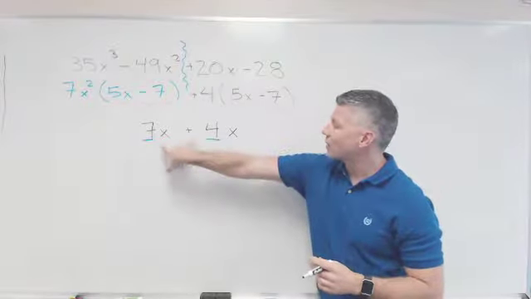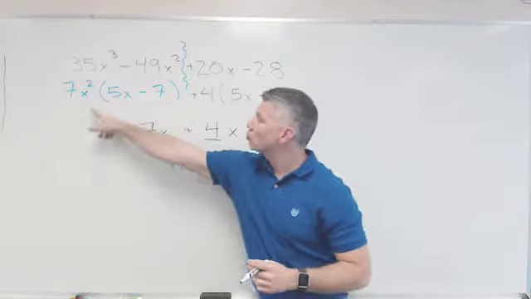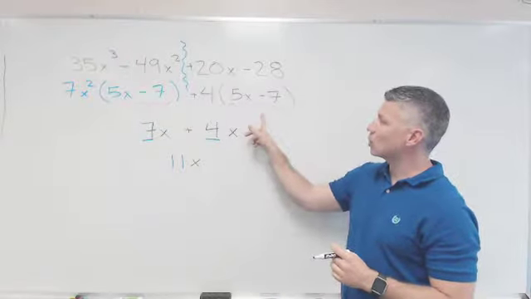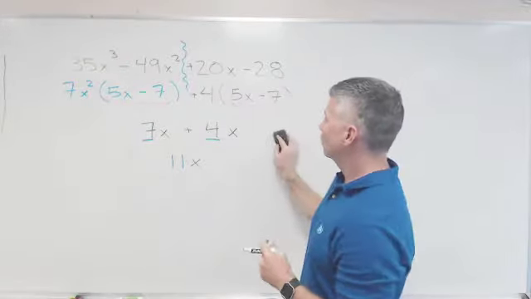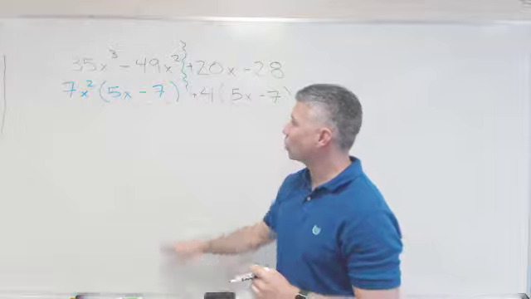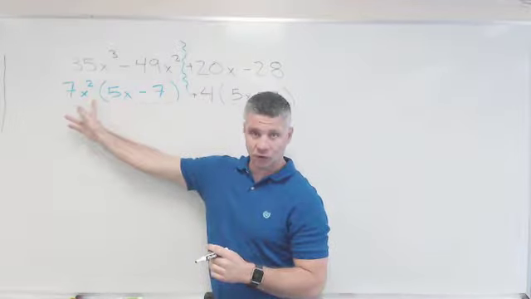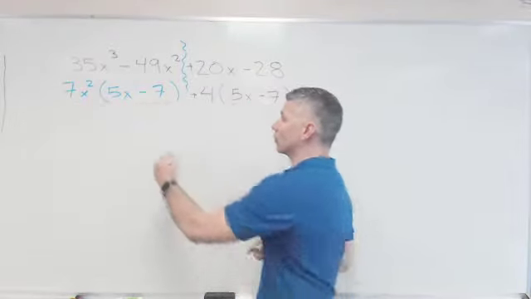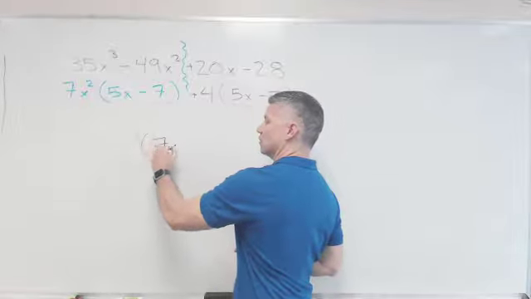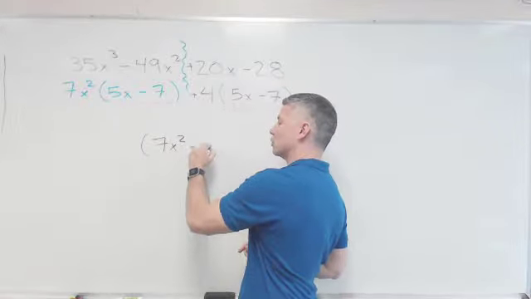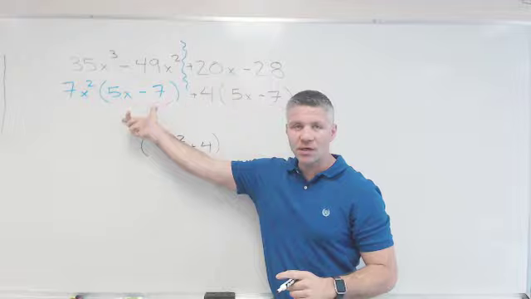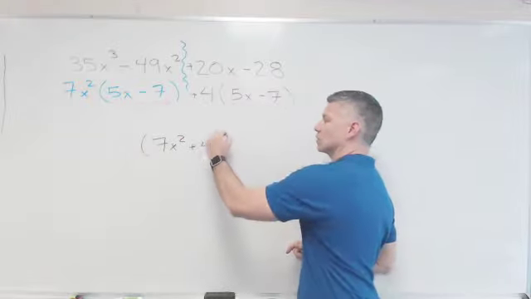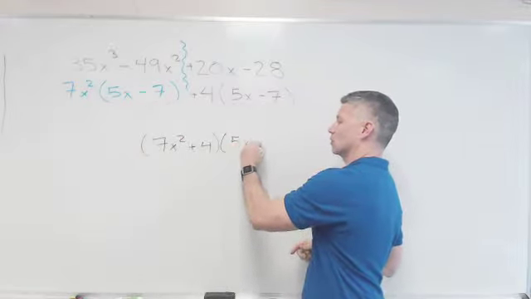We're going to apply this principle to this problem. We're going to add our coefficients, our 7x squared this time, and our 4, which is just 7x squared plus 4, and we're going to keep our parentheses the same.